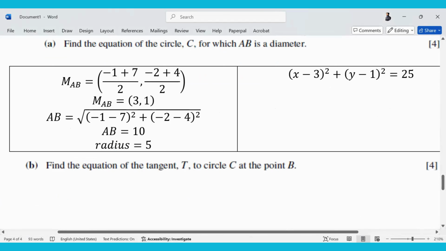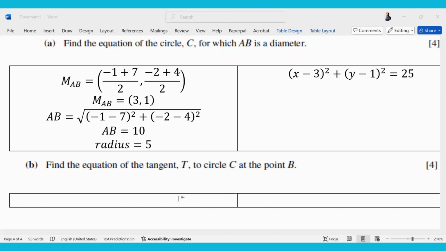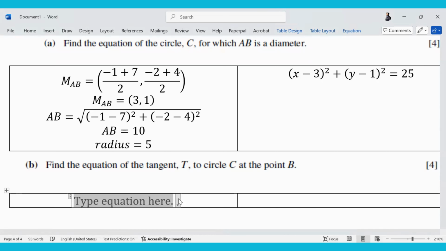Find the equation of the tangent T to the circle at point B. Again, a very easy question. We have done many such familiar questions. Find the equation of the tangent T to the circle C at point B. So I can find the gradient of the radius at B. Center मुझे पता है, it is 3, 1.